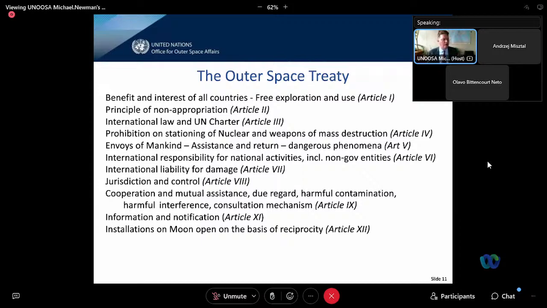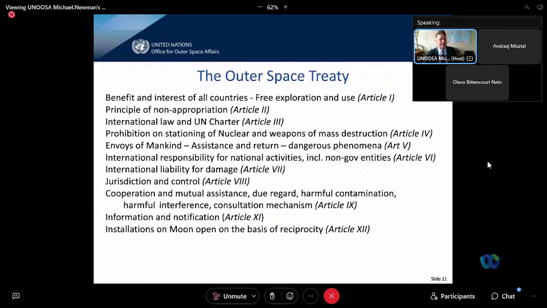We will hear more on this as well. International liability for damage, jurisdiction and control, cooperation, mutual assistance, due regard, harmful contamination, harmful interference, and a consultation mechanism under the amazingly complex Article 9. We will hear a lot about this as well.